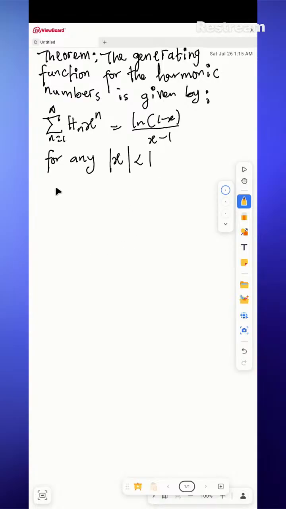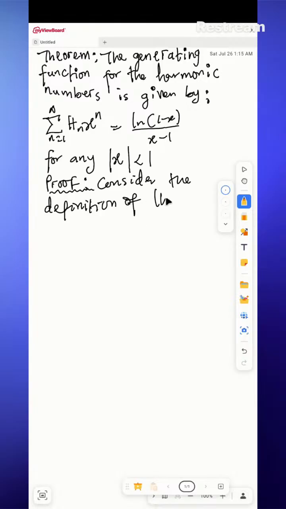Now, proof. Now, consider the definition of the harmonic numbers.